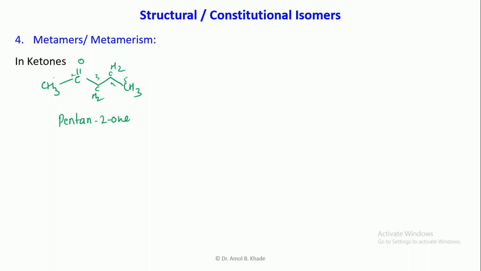So this I can rearrange in a different way. Let's say I am putting the C=O at the center. This is CH3, CH2 and CH2, CH3. Now count the number of carbons here. Pentane means 5. Then count the hydrogens, 3 plus 2, 5 plus 2, 7 and plus 3, 10, and 1 oxygen.